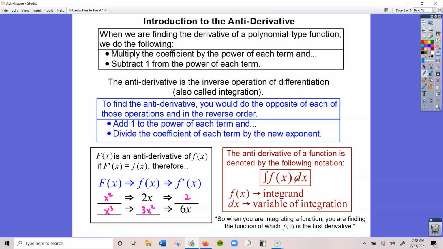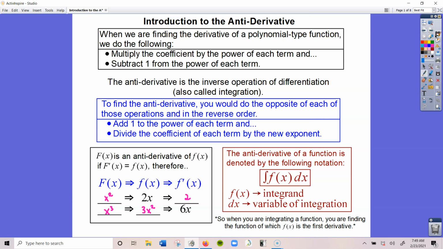Then whatever is inside of our integral is called the integrand. That is what we are integrating. Then you'll always see at the end of every integral what's called the variable of integration. That means that we are integrating with respect to x. So that is how to read an integration problem.